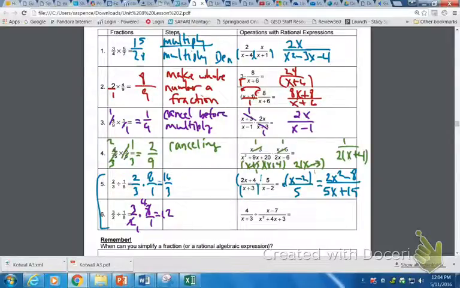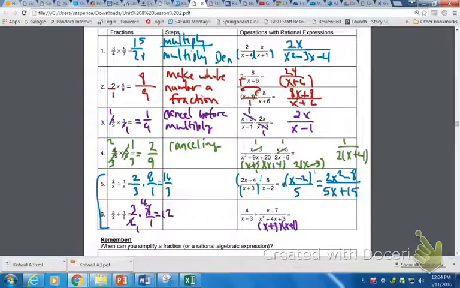So let's do this last one here. Before I do anything, I'm going to go ahead and take that x squared plus 4x plus 3 and use our x method on that. Plus 3 and plus 1.